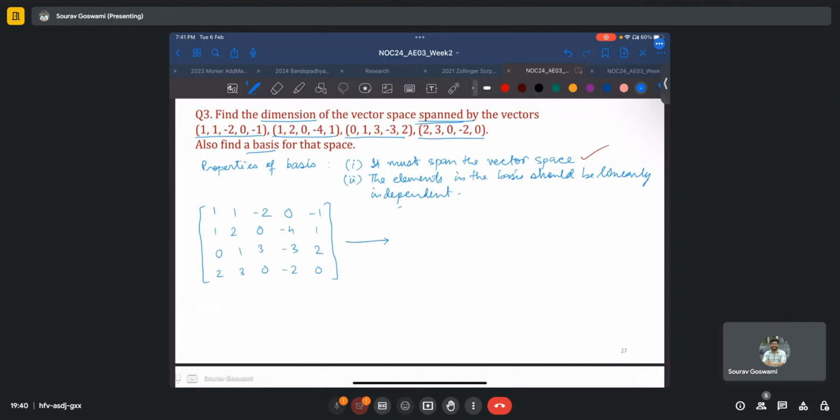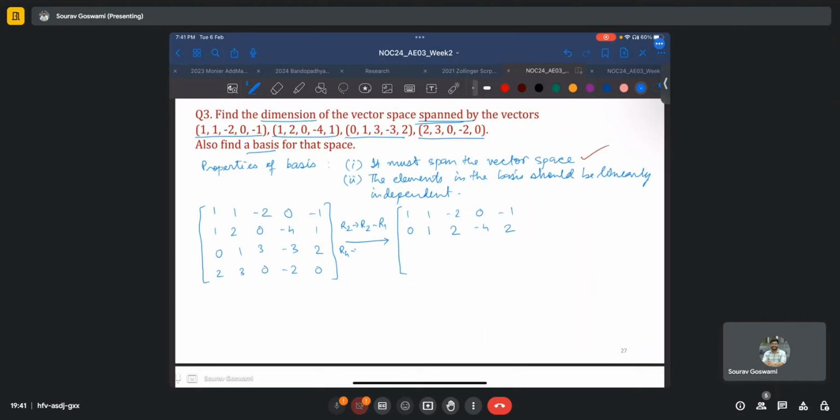So let's do that. We will leave the first row unchanged. Second row can be transformed as R2 minus R1. So 1 minus 1 is 0, 2 minus 1 is 1, 0 minus 2 is minus 2, minus 4 minus 0 is minus 4, and 1 minus minus 1 is 2. R3 already has a 0 in the first column, so we leave it untouched.